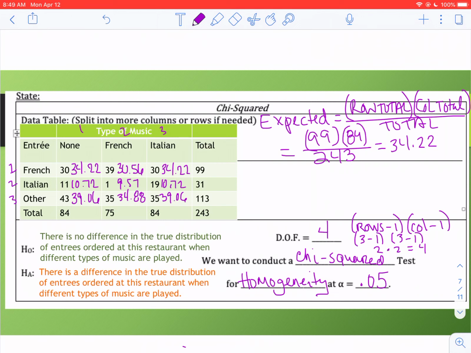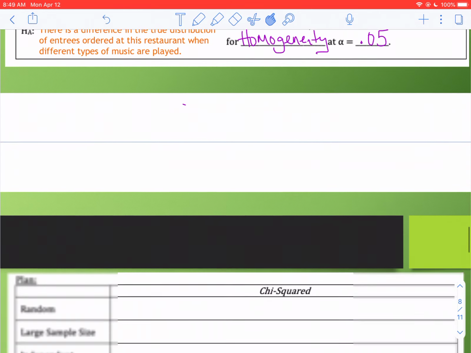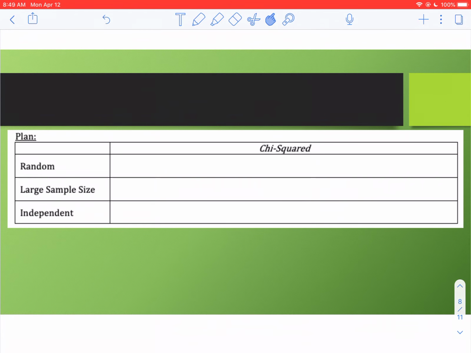Okay, now that we have our observed values and our expected values all in there, and we have our degrees of freedom, we can go to the do part of the significance test. So screenshot this or write it, pause and write this all down. Actually, we're going to do our plan first.